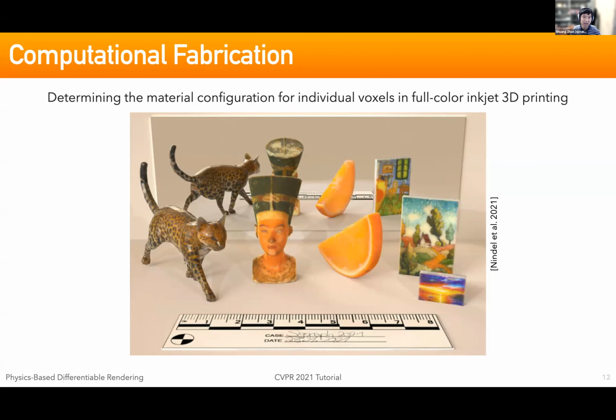So naturally, the question becomes, how can we determine all this mixture information or material configuration so that we can reach some desired final appearance? So this becomes an inverse rendering problem where things like subsurface scattering have to be considered, because normally these printed materials are not 100% opaque. So if you neglect all the subsurface scattering, the printed appearance will not match your desired target that well.